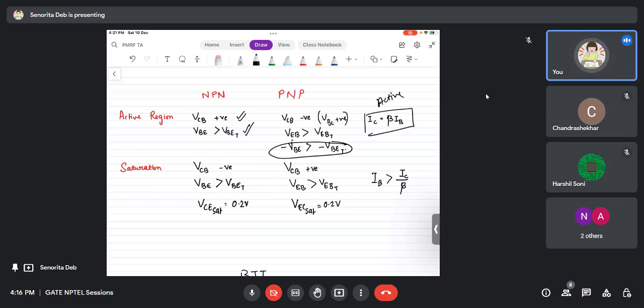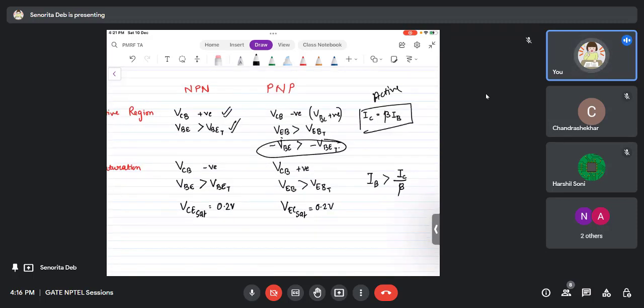Now in the saturation region, what will happen? Suppose you are getting VCB negative, then you know that your output collector is forward biased. Now if VBE is also greater than VBE threshold, you know that the base junction is also forward biased. So if both junctions, B to E and C to B, are forward biased, then it is in saturation.